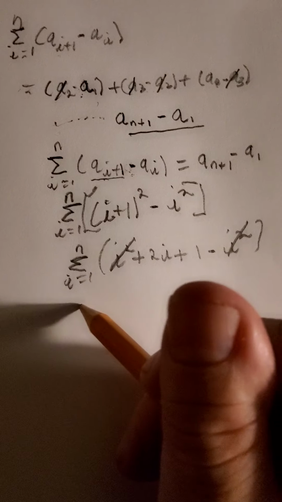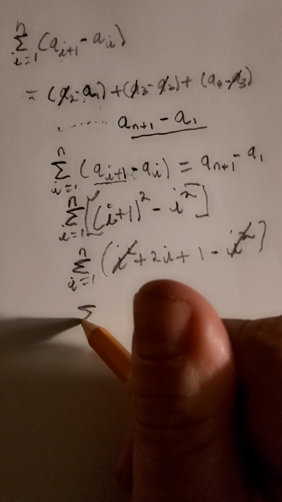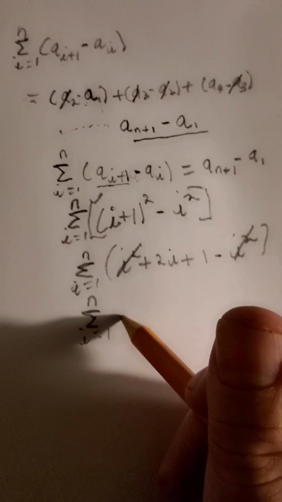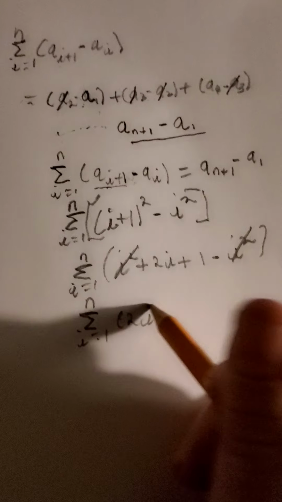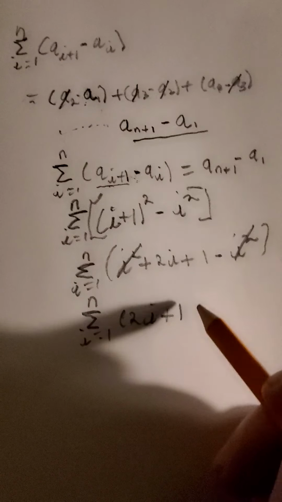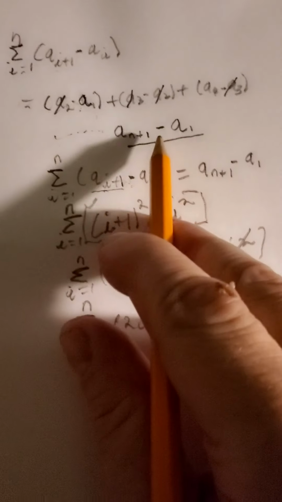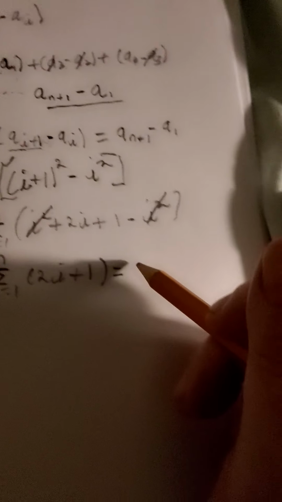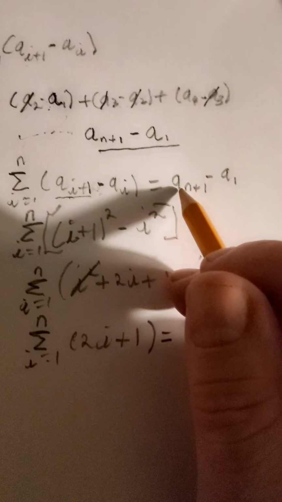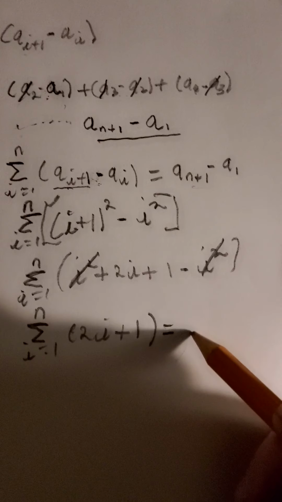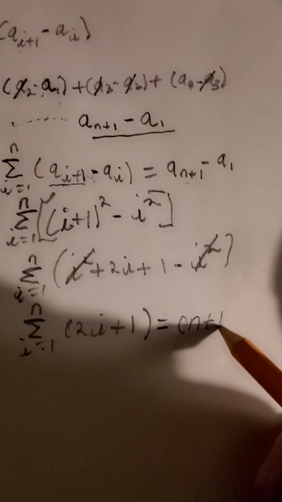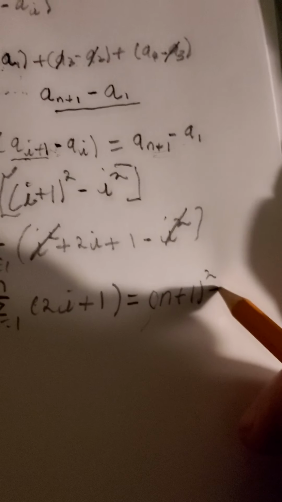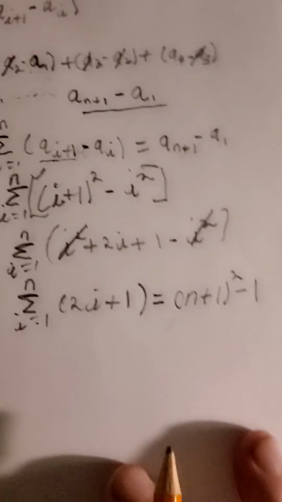And when that happens, you're going to end up with the summation as i goes from 1 to n of the quantity 2i plus 1. Well, now, on the other side of the equation, you also know that that was equal to n plus 1 squared minus 1, the first term of the sum.